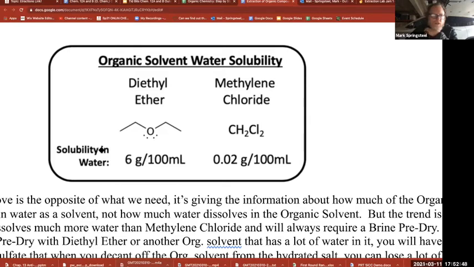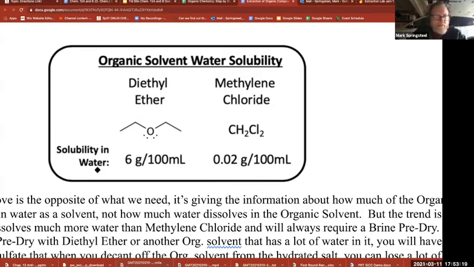So, solubility in water. You can dissolve 6 grams of diethyl ether in 100 milliliters of water. So it's actually pretty soluble in water, huh? 6% soluble. Whereas methylene chloride, you can only dissolve 0.02 grams in 100 milliliters of water, so it's 0.02% soluble. When we mix together water and ether, some of the ether dissolves in water, and some of the water dissolves in the ether as well.